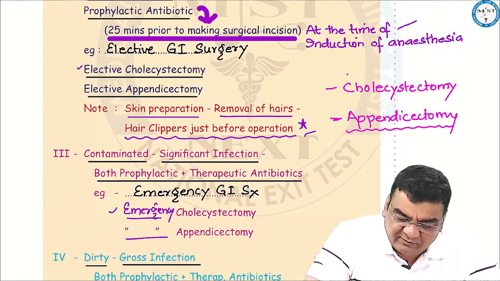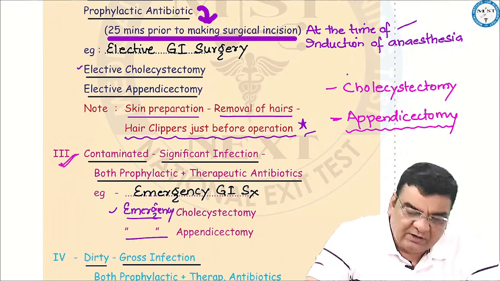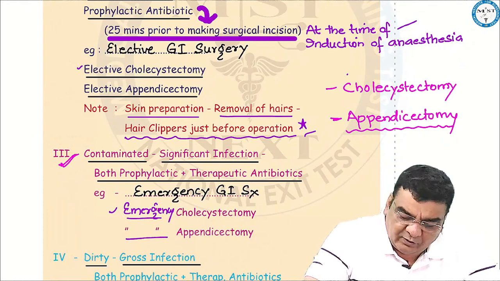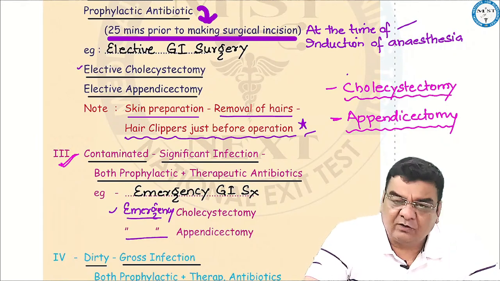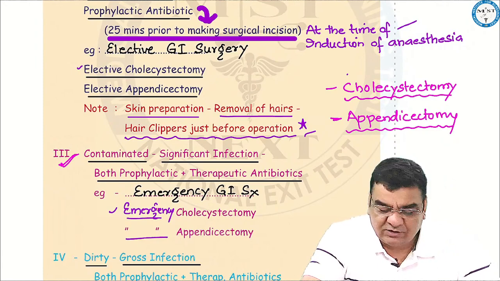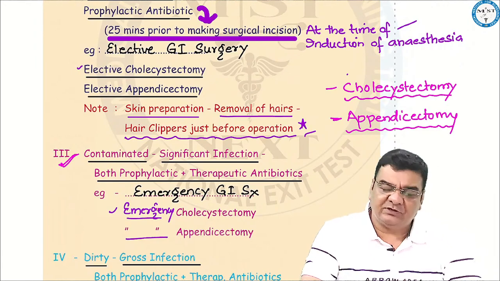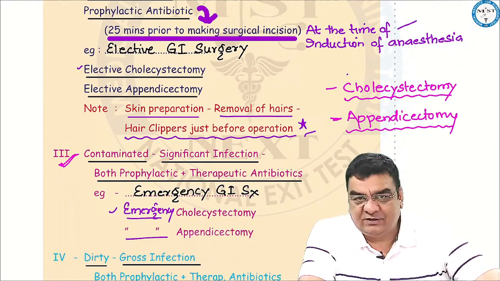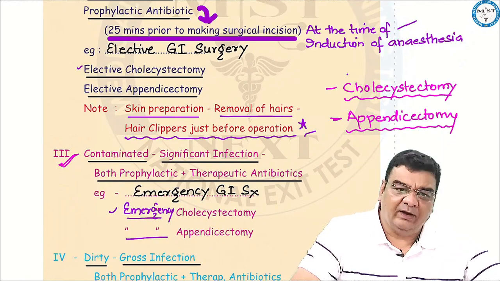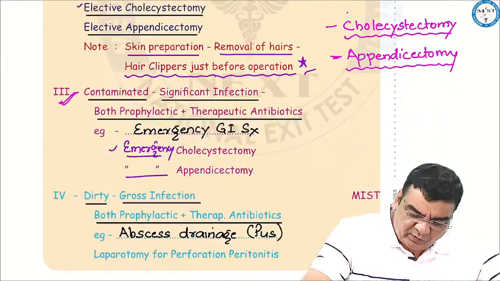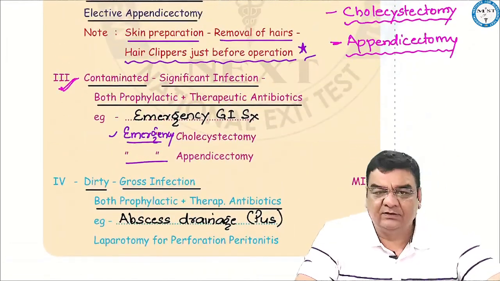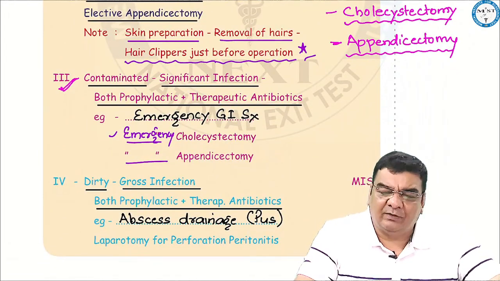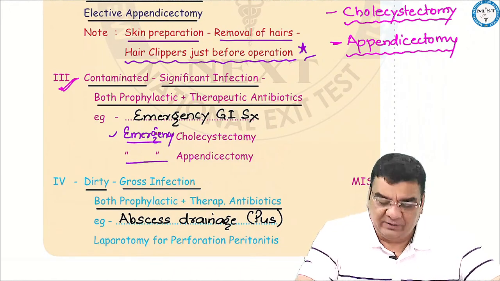That means appendicectomy is most of the time done in emergency. So if the examiner has not specified, you will mark the answer as contaminated, while gallbladder operation is the commonest operation done on elective basis by the general surgeons. So gallbladder removal is majority of the times done on elective basis. So this comes under elective surgery, right? And whenever we are doing any treatment for pus, whether it is an incision and drainage, this will come under class 4 category, that is dirty, right?